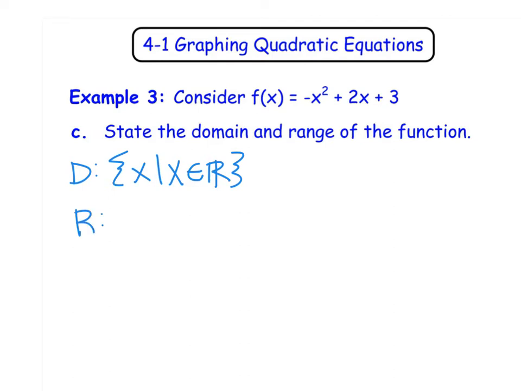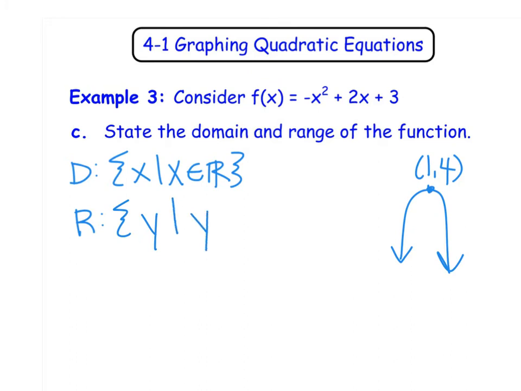For your range, we know that this graph opens upside down, and we just found out that the vertex is 1, 4, so our maximum value is 4. So that tells you your biggest output you can ever have. And then since it's opening down, anything less than that is also included because it goes on forever. So since this is your biggest value for your range, we have y is less than or equal to 4.